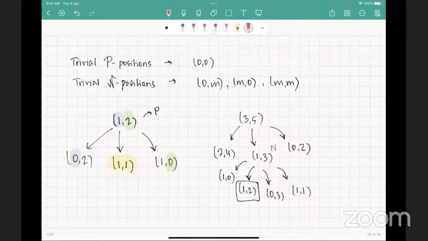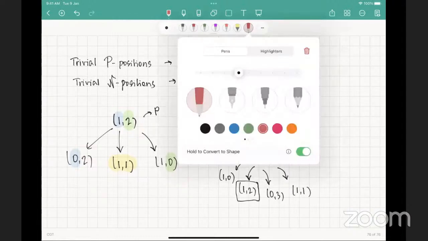I'm wondering if I can make a more general claim about all the children of 3, 5, but I don't see a sweeping way to do it. With 2 and 4, for example, what do we get from here?